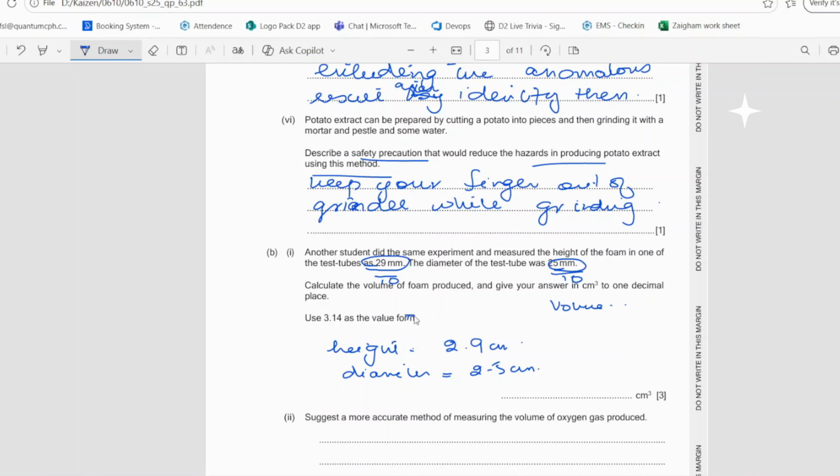That is pi. Correct, that would be 1.25. Okay, it's a volume, keep this in mind.